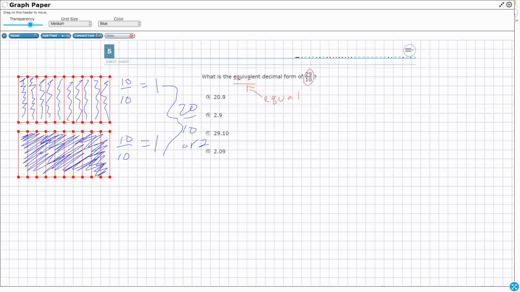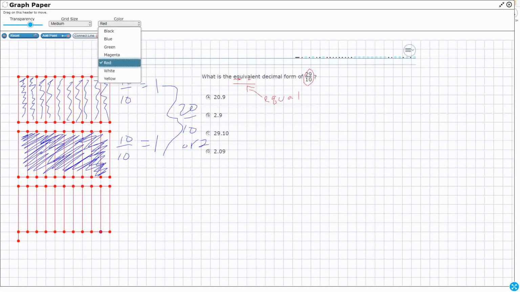Now I'm getting closer. I need 29/10. So let me draw one more of these, but I'll go a little bit slower because I don't think I'm going to need to shade in the whole thing. Let's make it go to right there. I think that was a little bit too long there. So I'm going to make my tenths. I'm starting at 20 because I've got two full rectangles up above.